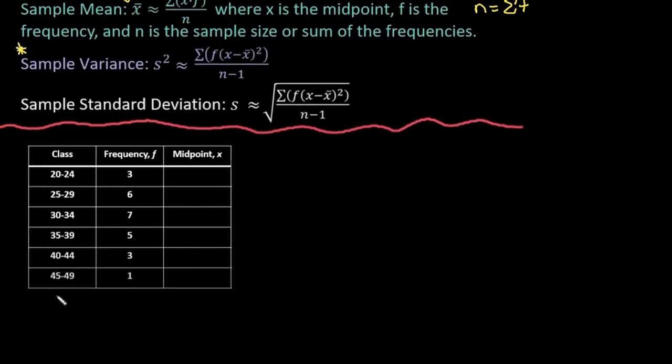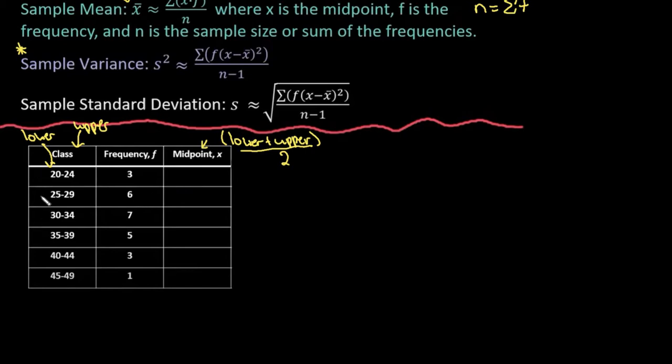Okay, so I actually already have set up these values in Excel. Basically, this is my lower limit, and this is my upper limit. The midpoint is going to be the lower limit plus the upper limit divided by 2. What I typically do is I'll find the midpoint of the first one by doing 20 plus 24 divided by 2.